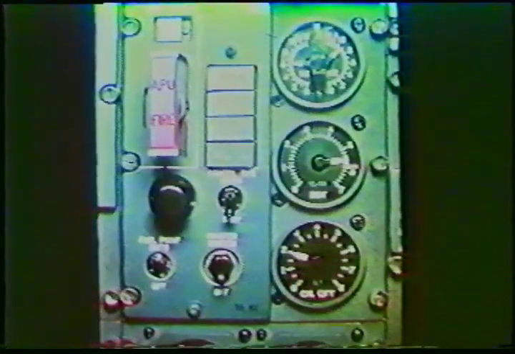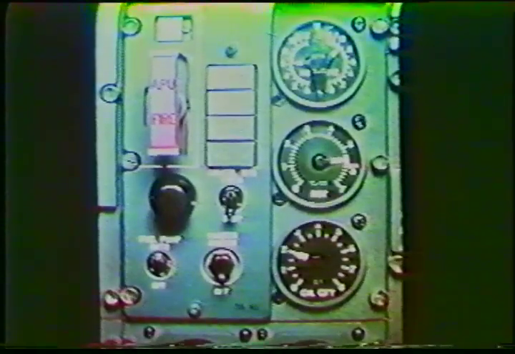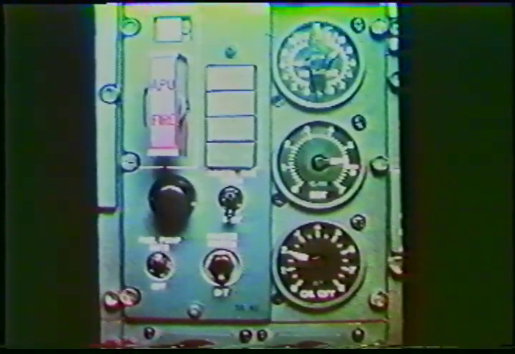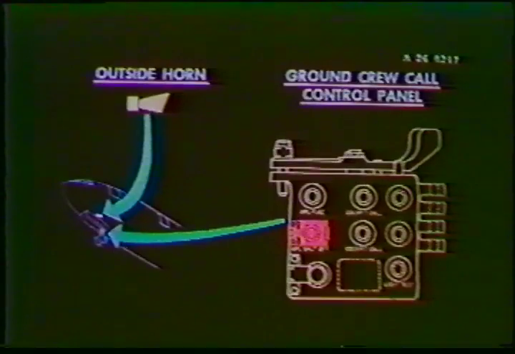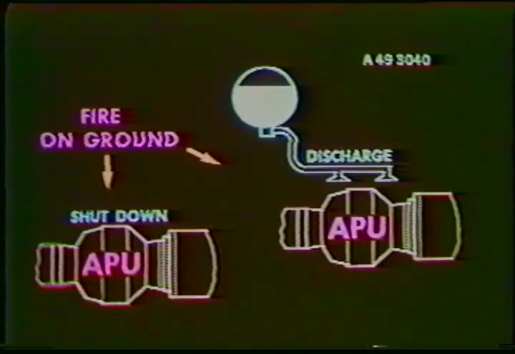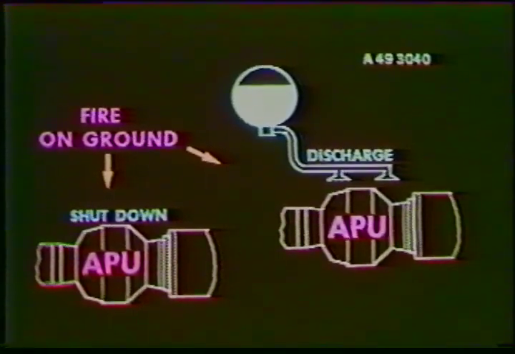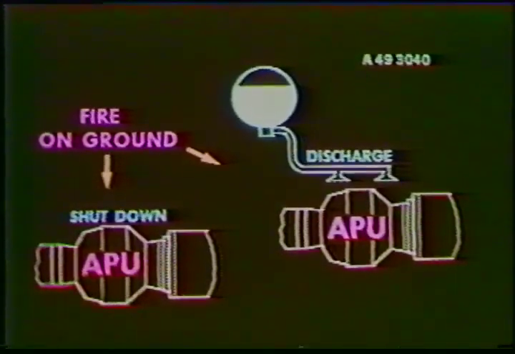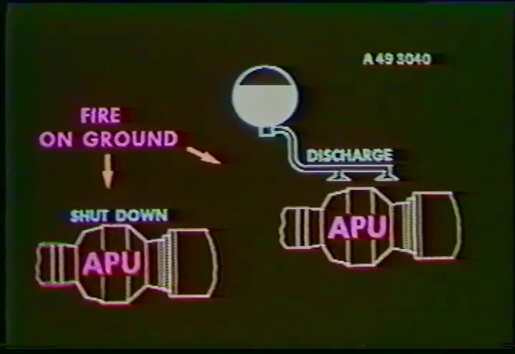Upon receiving the appropriate APU fire alarms, fire extinguishing is provided by the APU fire handle. The exterior warning is given by an aural warning and a red light at the nose gear communication panel. On the ground with shock strut compressed, automatic APU shutdown and fire extinguishing is provided.